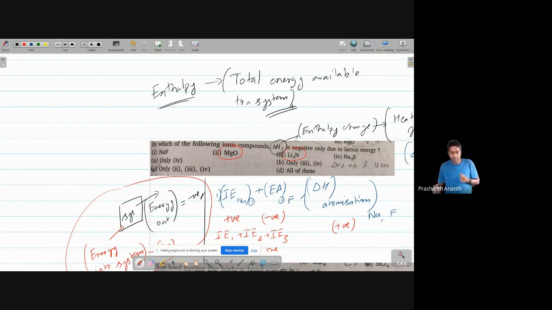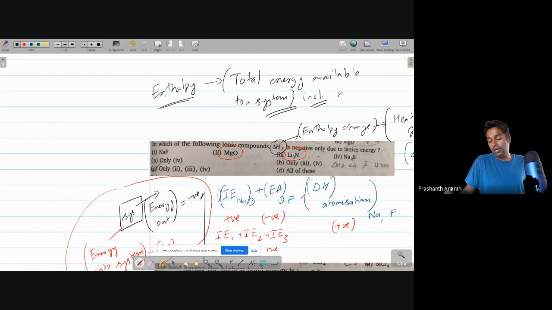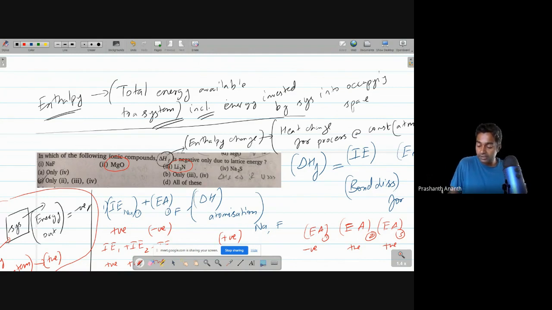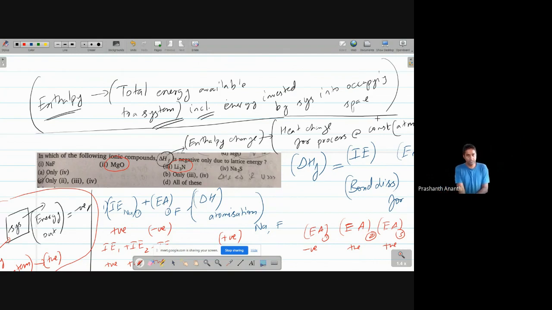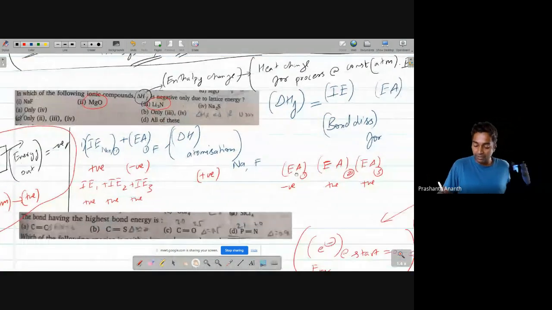Completely total energy available to the system, including energy invested by the system into occupying space. You will be learning this differently when you are learning it in your thermodynamics chapter. But try to remember this definition when you're learning that. It will help you when you're thinking of enthalpy a little differently.